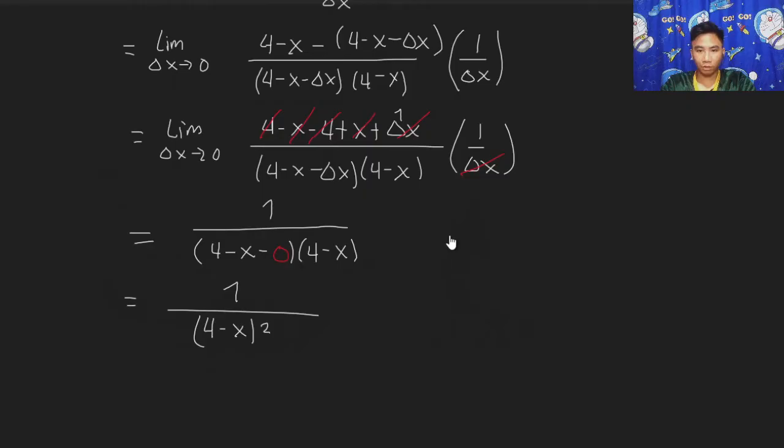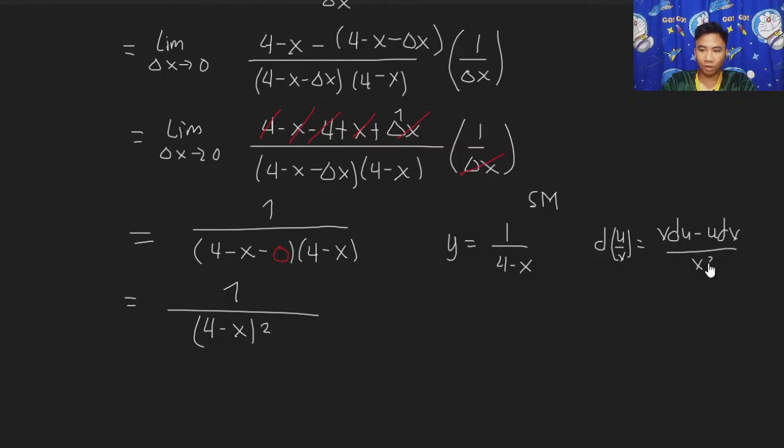Now, let's use the shortcut method. This is the given. So, what is the derivative of this? The derivative of u all over v is simply copy the v, derivative of u, minus copy the u, derivative of v all over v squared.